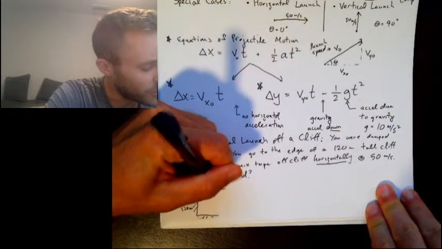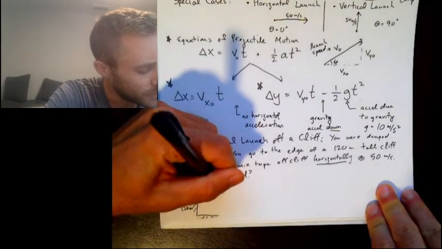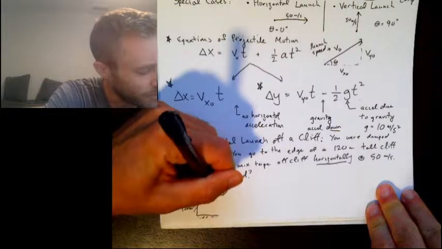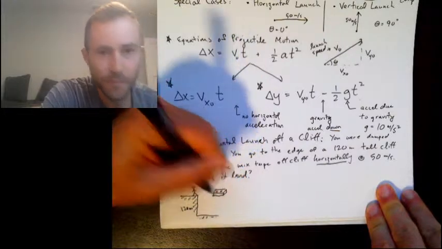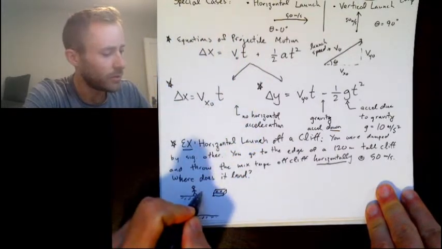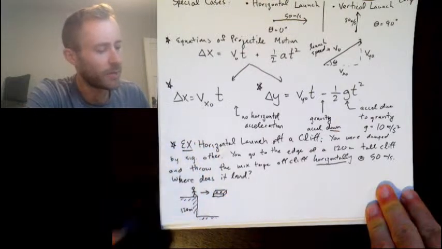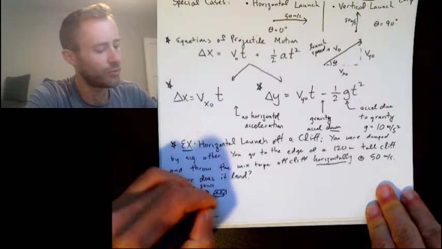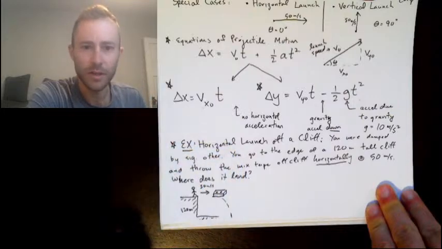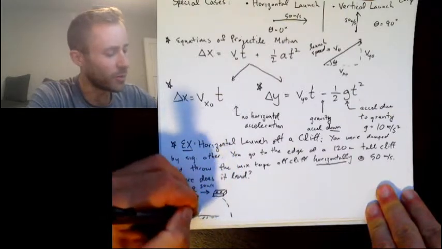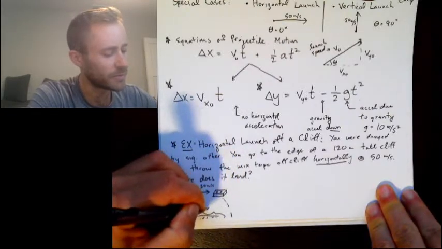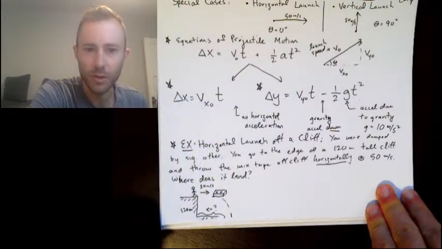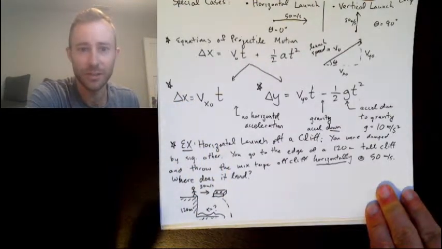So you throw the mixtape. Here's the mixtape. You throw it at 50 meters per second. It goes and lands right there. We want to know, what is this distance? So basically what we're trying to find is delta x.